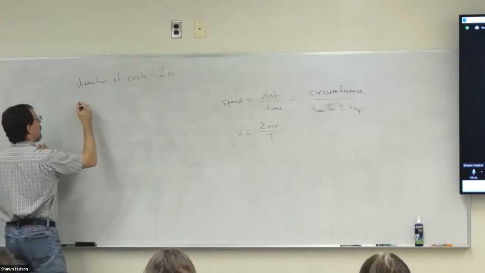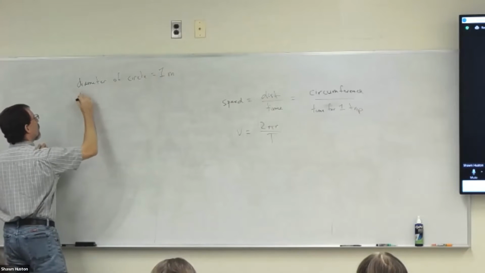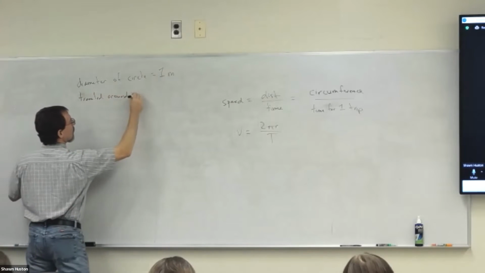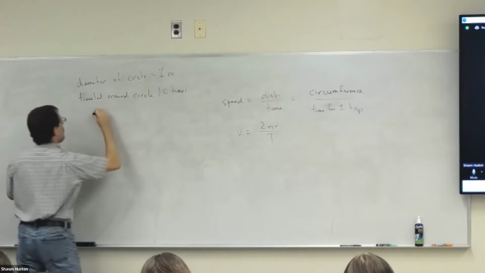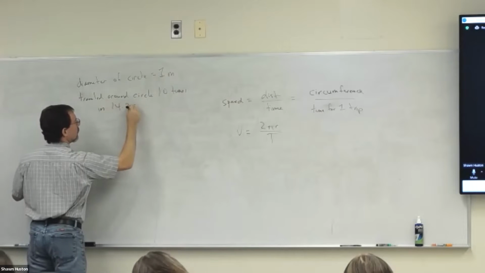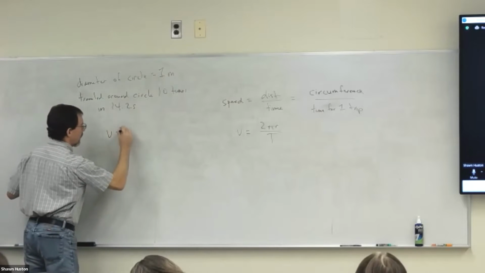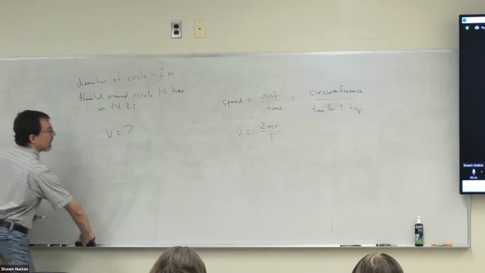And we went around 10 times. So we traveled around our circle 10 times in 14.2 seconds. From this information, I want to figure out, what's the speed of the ball? How fast is the ball? Well, we can do this.